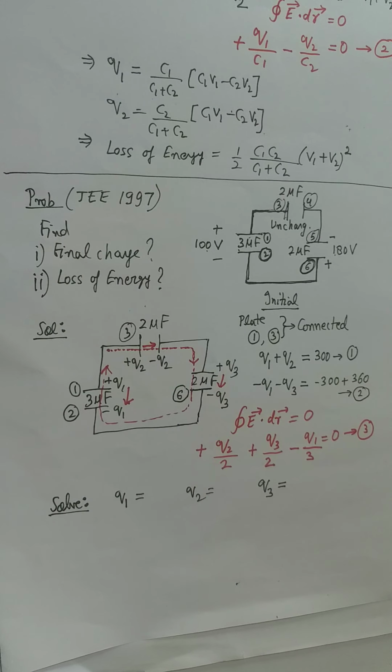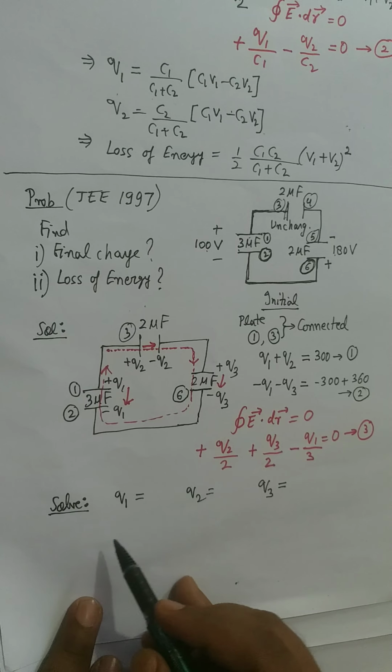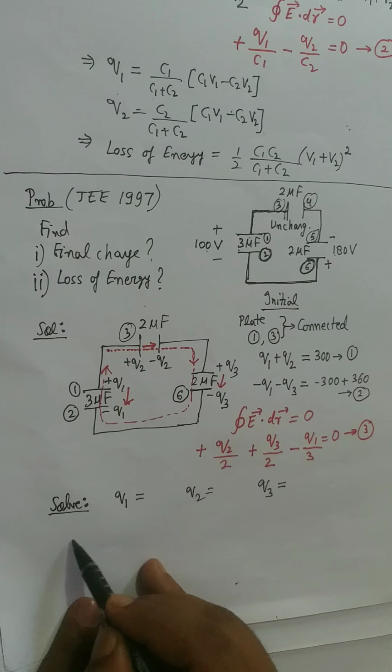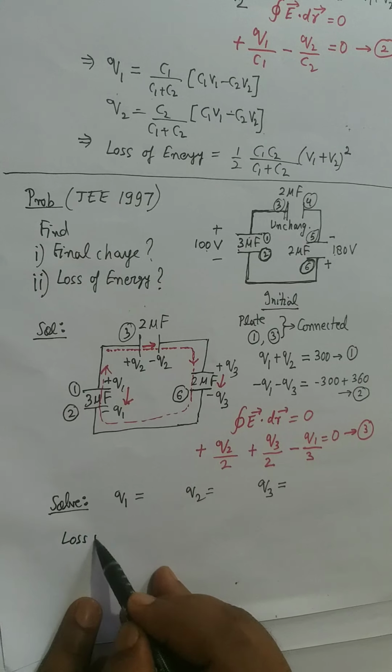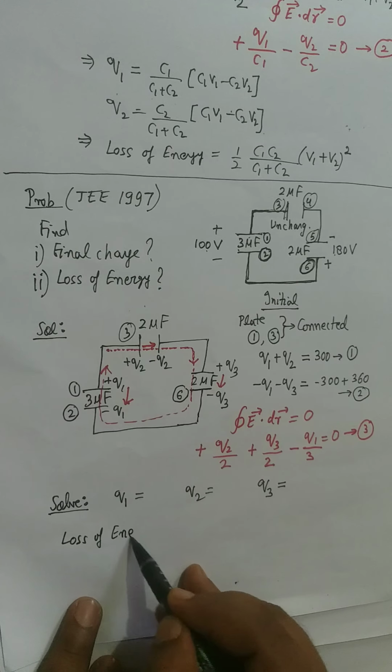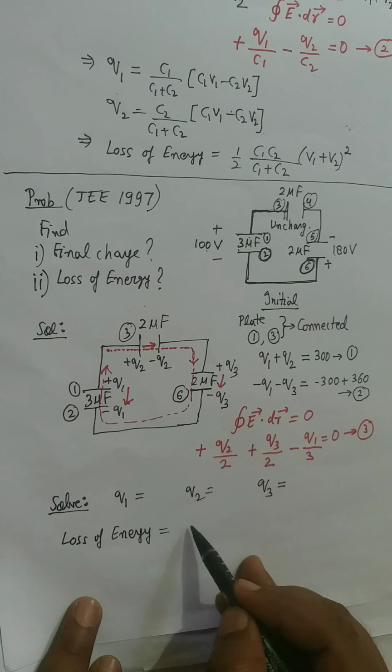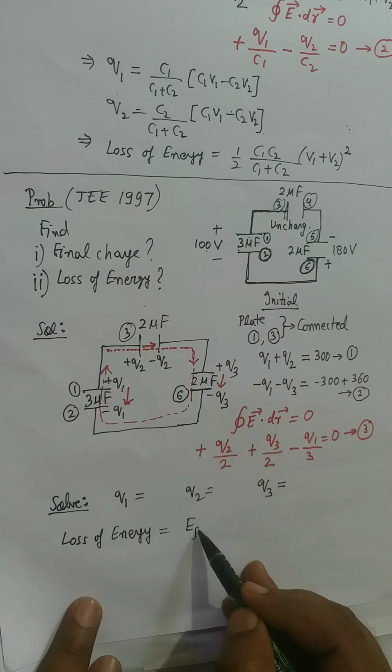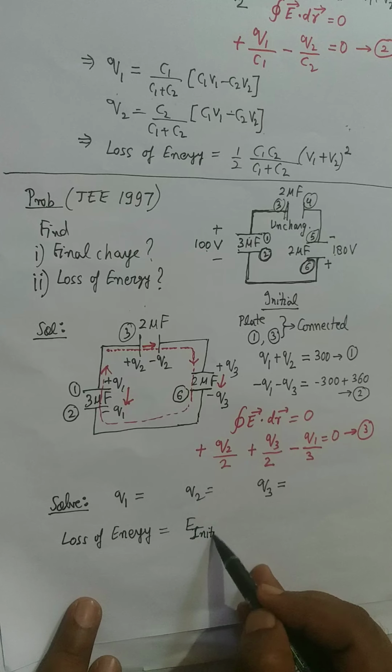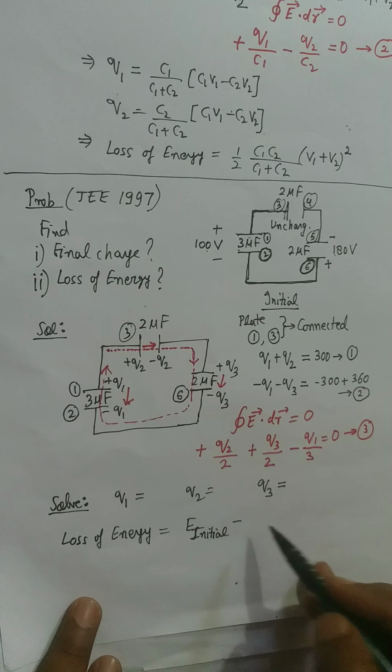And once you have the values of charges, you can calculate the loss of energy also. And how can you calculate the loss of energy? You can calculate the energy in the initial stage, because if it is a loss, then the initial energy must be higher than the final energy.